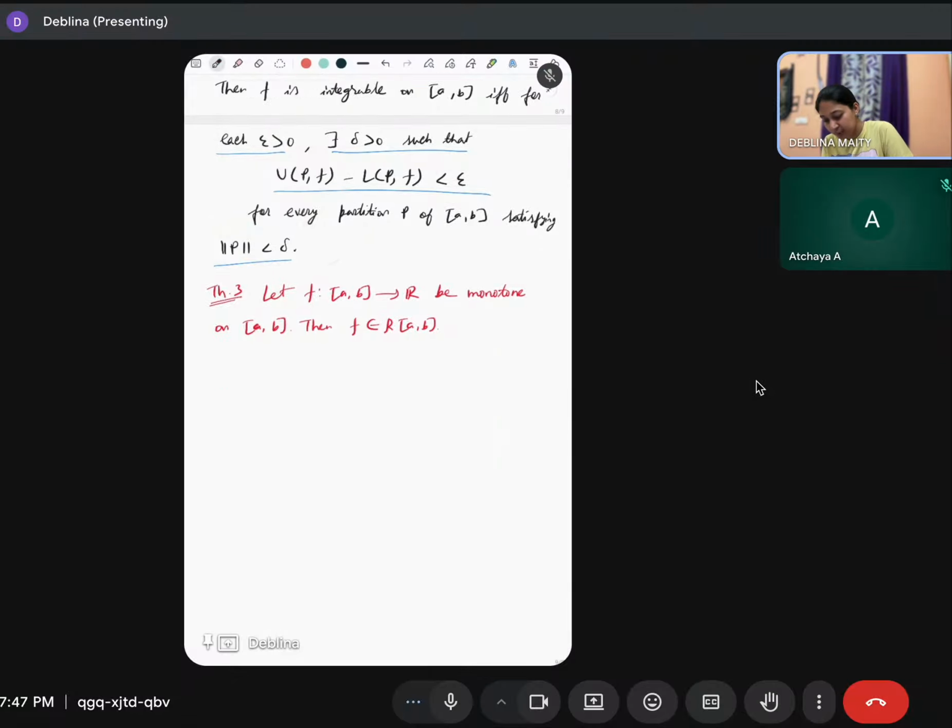Now I'll prove this one. Without loss of generality, let's take f to be monotonically increasing. So let f be monotonically increasing on [a,b].